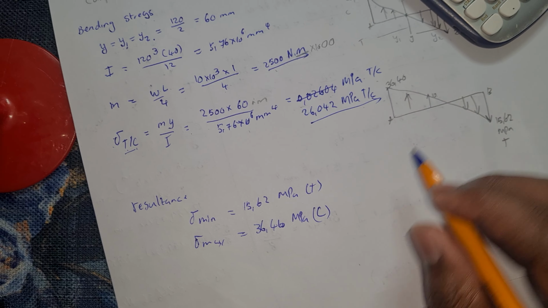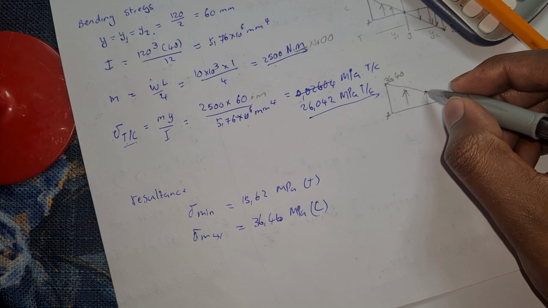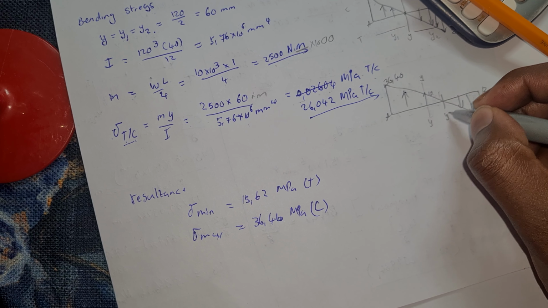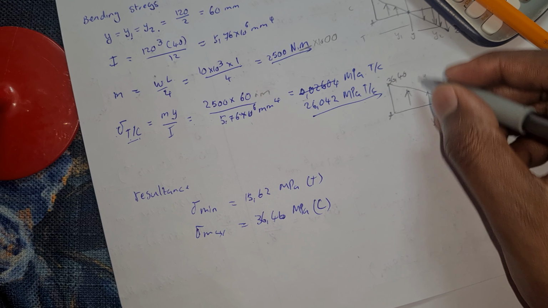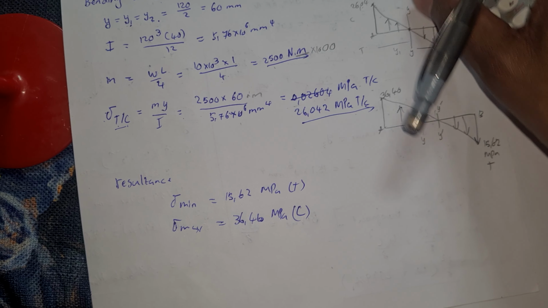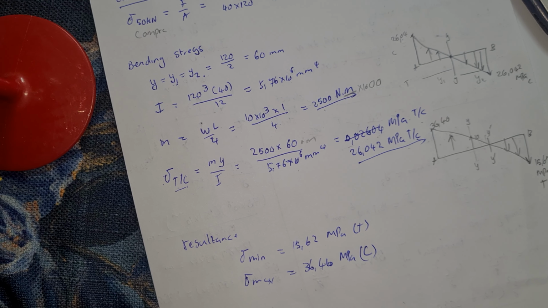Yeah, maximum based on this one. If you can see, this was our previous y-bar, and this is our new neutral axis. You can call it NA, it does not matter. So we have something like this.